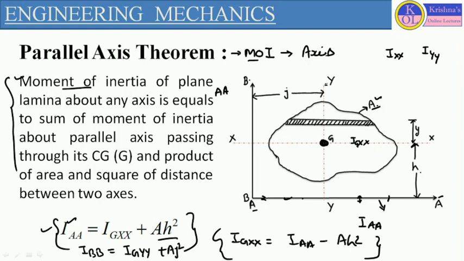And if the centroidal axis passing through G is the YY axis, then the BB axis will be the reference axis. These two axes are parallel to the centroidal axis. That is why it is called the parallel axis theorem, which is generally used to define the moment of inertia of a plane lamina about these parallel axes.